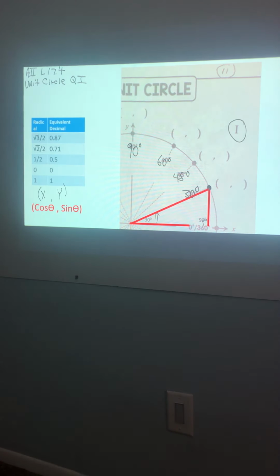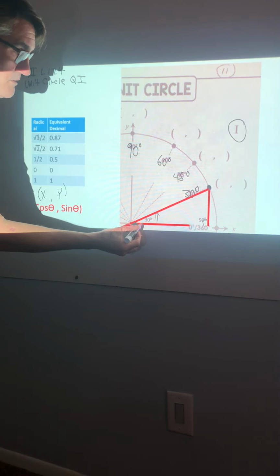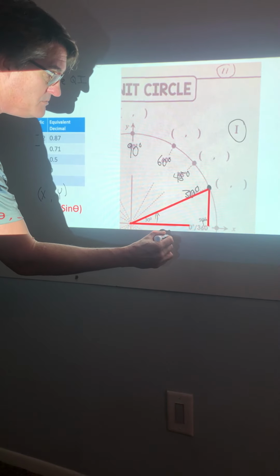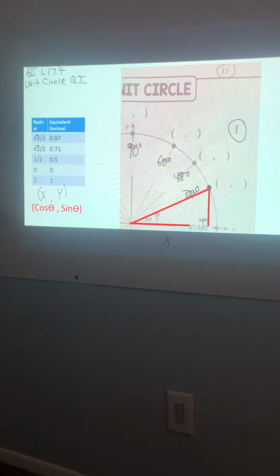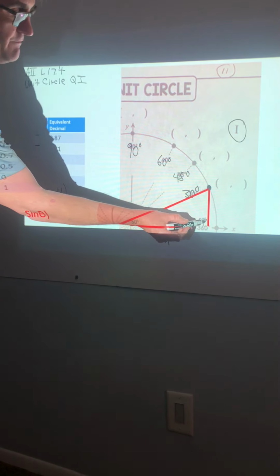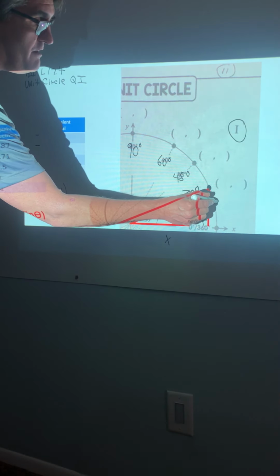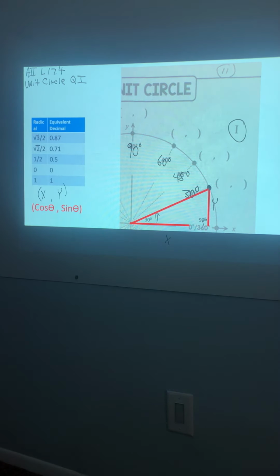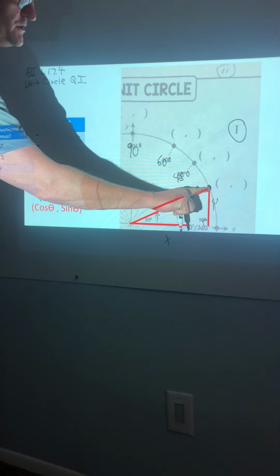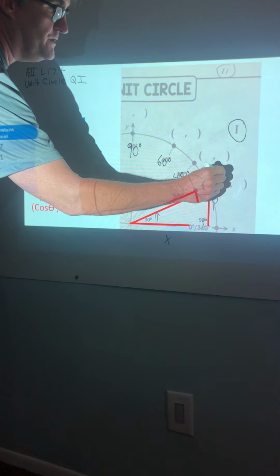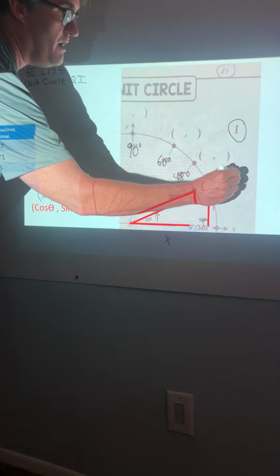And think about it. This value right here, running from here to here, is going to be the x of the ordered pair. And from here to here is your y value. So when you come to this 30-degree point that we're talking about, this is the x comma y value.